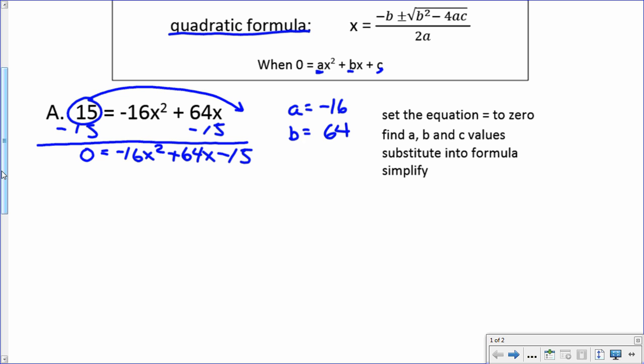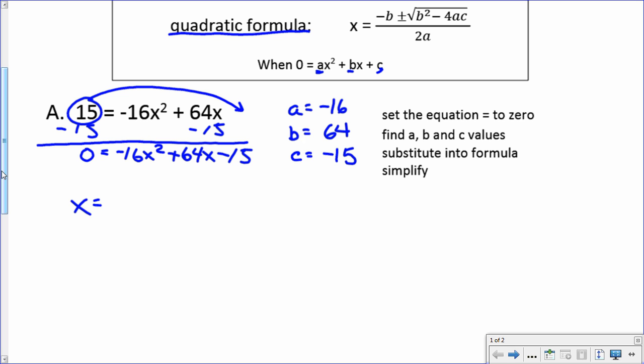And what number is going to represent C? Negative 15. Now that I have all three numbers, we are going to plug those into the quadratic formula. Just like when we factored binomials, we found our x-intercepts or solutions. That's what the quadratic formula is going to give us: x-intercepts or solutions.